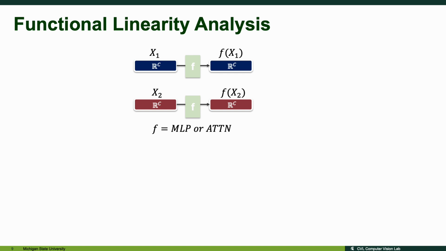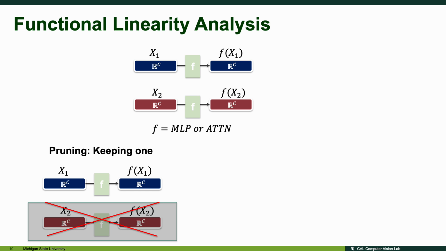We begin by analyzing how pruning or merging affects vision transformer models. Consider x1 and x2 as arbitrary tokens. Let f represent a function within the ViT model, which could be an MLP or attention modules. Our aim is to closely examine the behavior of the function f of x.